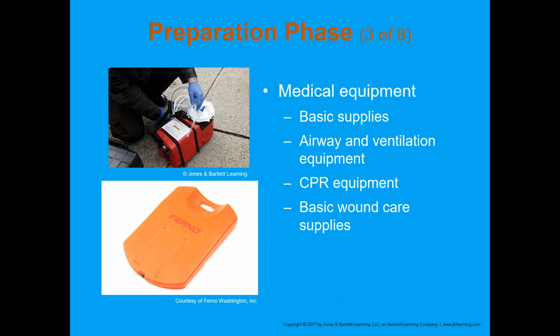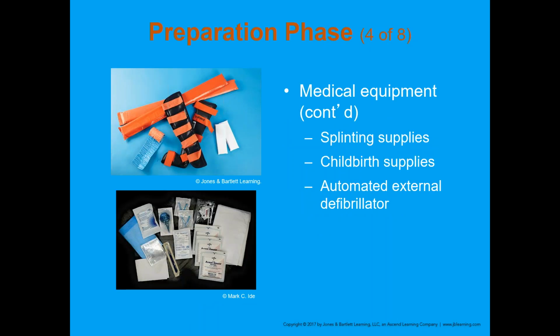Again, medical equipment, basic supplies, airway and ventilation equipment, CPR equipment, patient wound care. So with us, that blue airway bag has pretty much everything we need in it to take care of a single patient. And there's some more additional equipment.